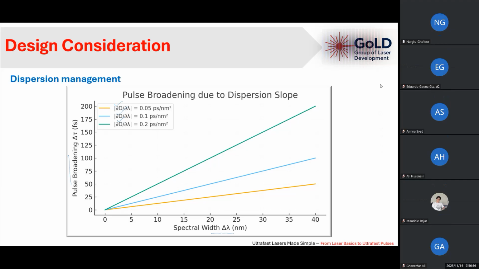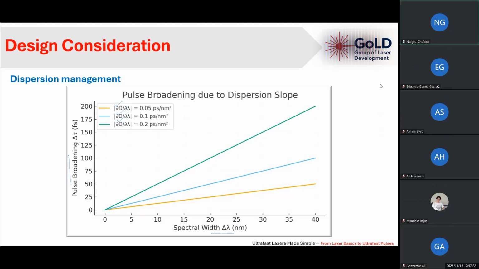Sir, I'm here. Okay, at least you could listen. Go ahead. What I am getting from this graph is that the pulse broadening is increasing because of dispersion, when the dispersion is happening in the material. With the passage of time, the pulse broadening is increasing.